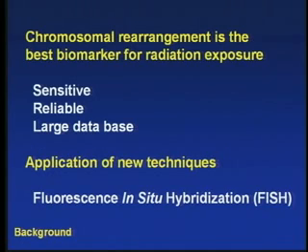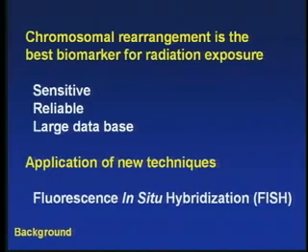You can get down to the 0.1, 0.05 gray range. It's very reliable. That is, some of the information can be stored in the cells for a long period of time. For example, some of the circulating lymphocytes in human beings can retain this kind of information for up to 10 years, so that you don't need to have an immediate measurement of the samples.